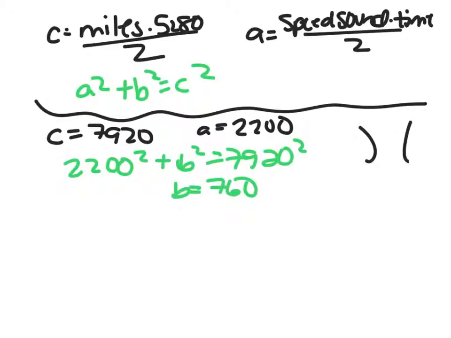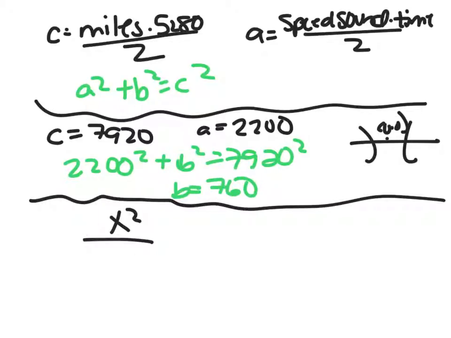Since my hyperbola opens left and right, we're just going to make the center 0, 0. So that's x squared minus y squared. Since it's opening right and left, we will have the x part positive and the y part negative.